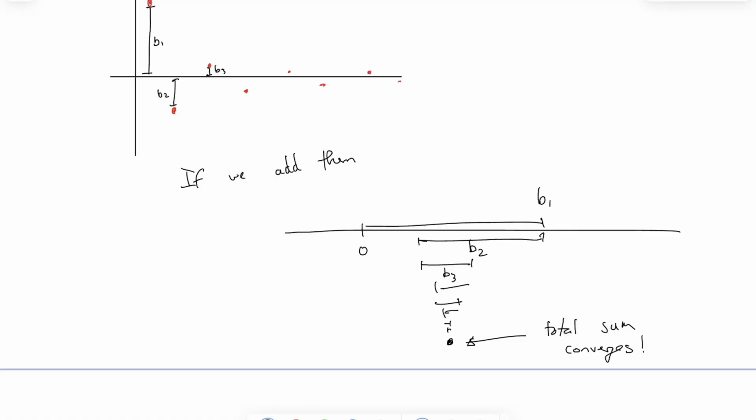All right? It's because, first of all, each new addition either sends you to the left or to the right again, and each new addition is smaller than the previous one, and so they eventually have to stabilize somewhere. All right. This is the idea behind the alternating series test. Now, to actually do examples, you don't really have to think through this, but that's the idea of why it works. Maybe we'll just try some examples.